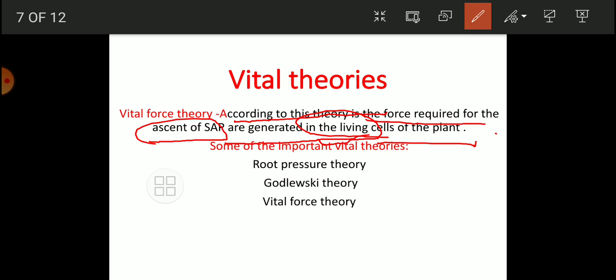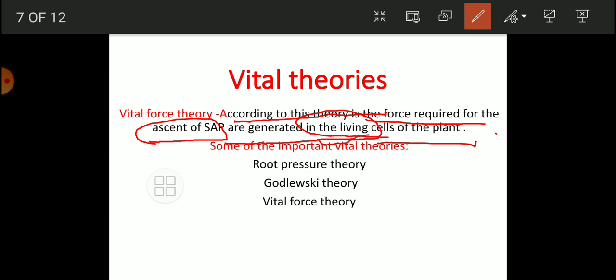According to this theory, the force required for raising water up to the 115 meter height, or for the ascent of sap up to the tip of the plant, is generated in the living cells of the plant.